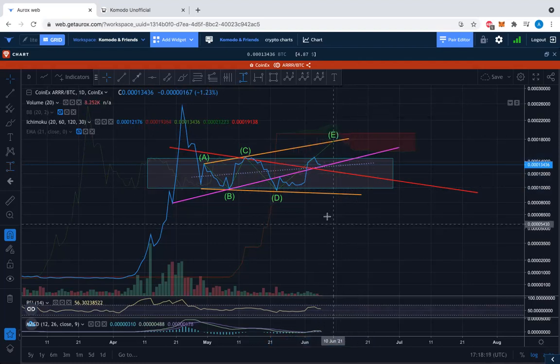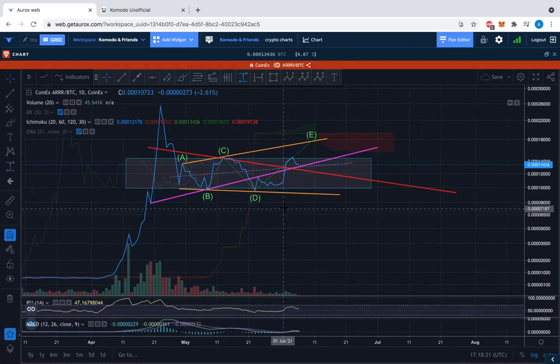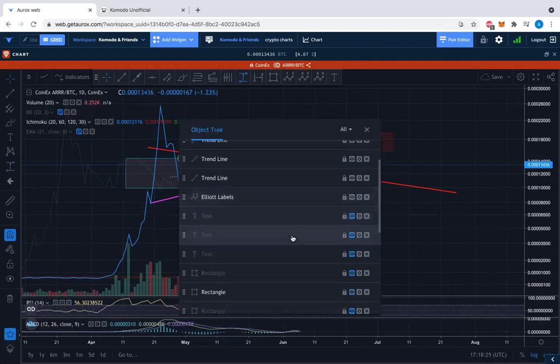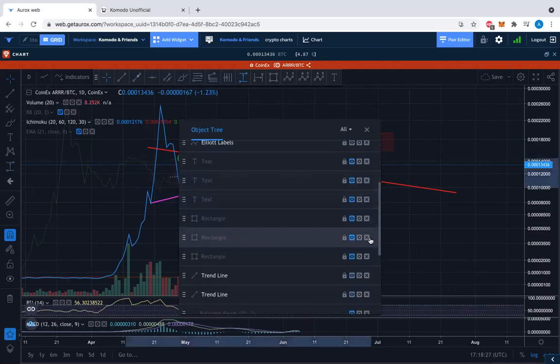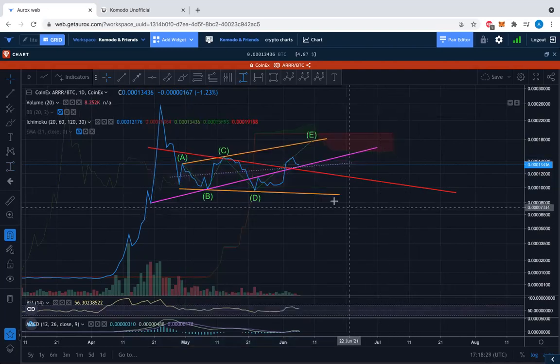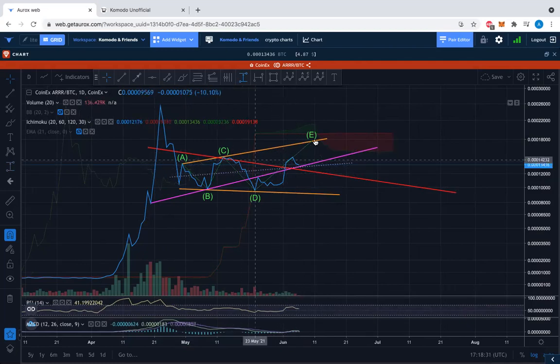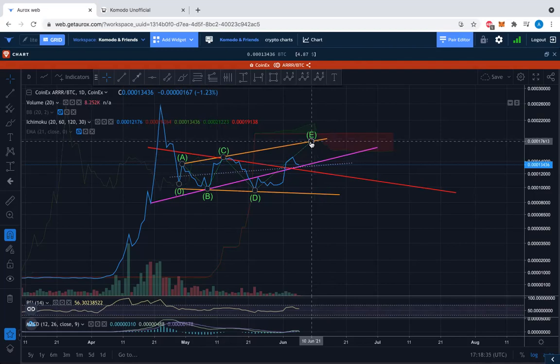Now I'm going to remove the box. We understand here ABCDE, fine. And we understand a potential expansion of the trend lines, making an expanding triangle.